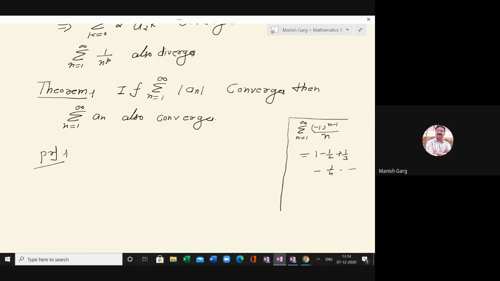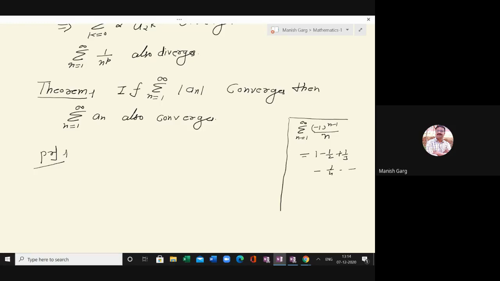Checking the convergence of this series we do by the Leibniz test. I will tell you later, but just now there are series whose terms are alternately negative, positive. You cannot check the convergence of this except by Leibniz.